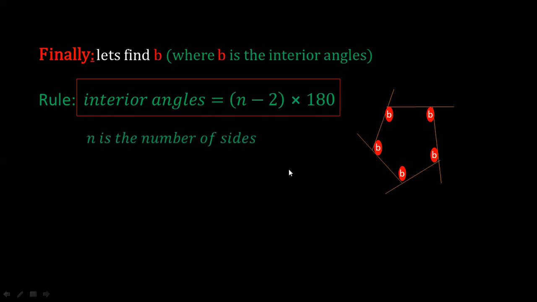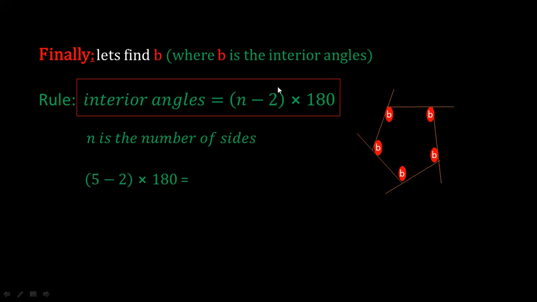Where n, the number of sides, equals 5, we have 5 minus 2 multiplied by 180. But the question is, why does the formula include 2 and 180? Why n minus 2 multiplied by 180?